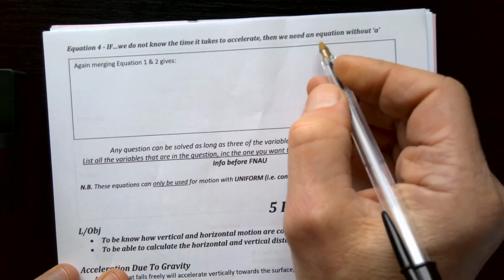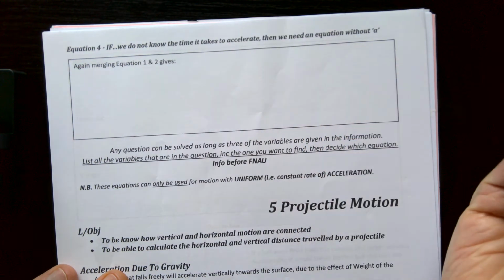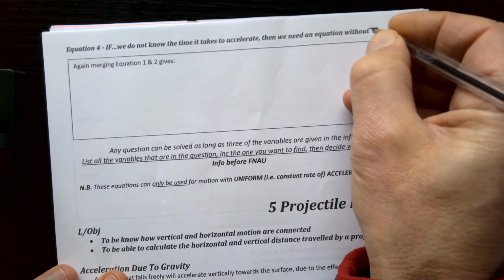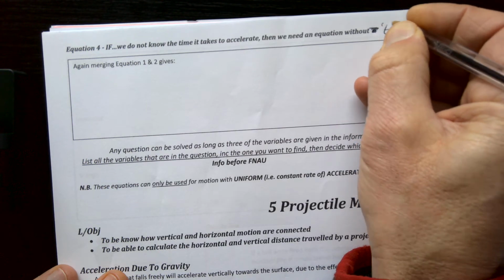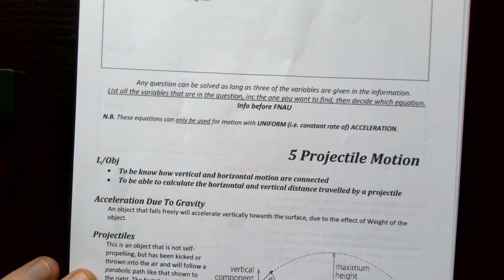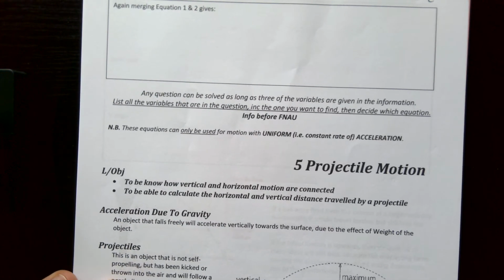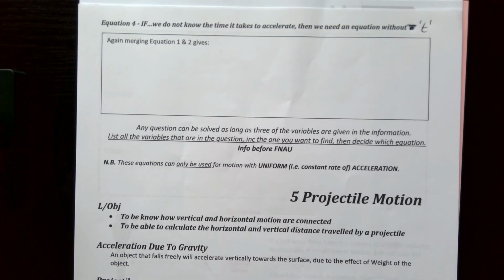As it says here, we need an equation without t. There's a mistake I haven't noticed. So what we can do is again take the first two equations, but this time use it to get rid of t.